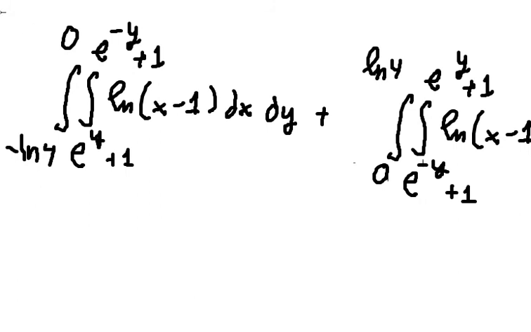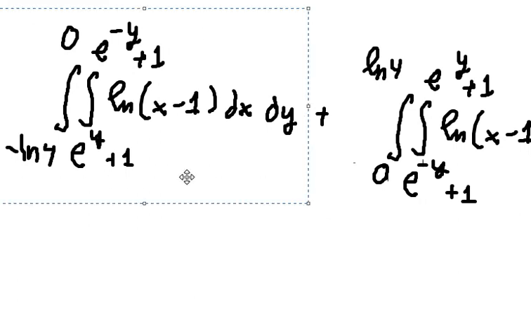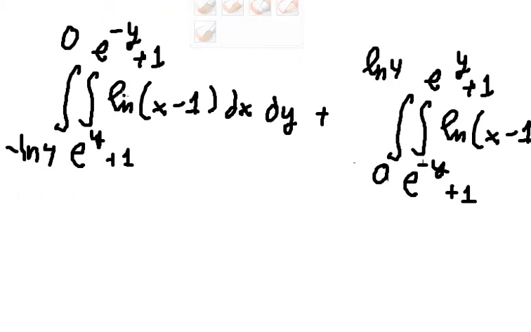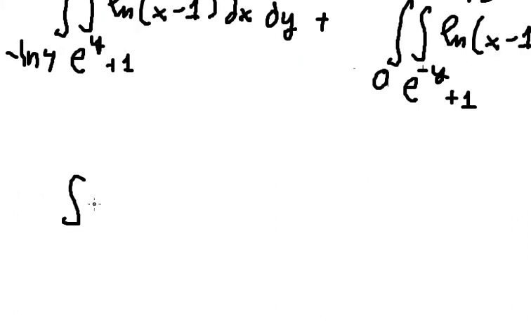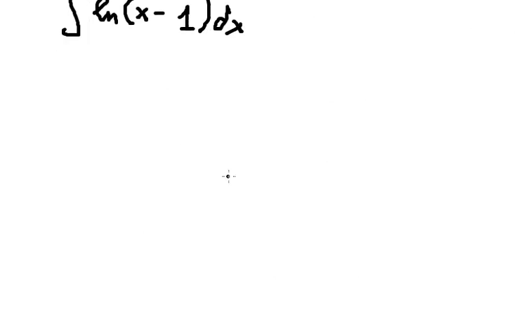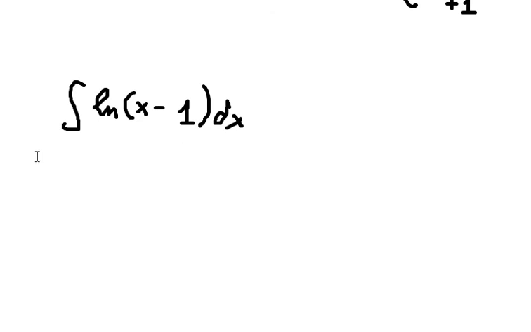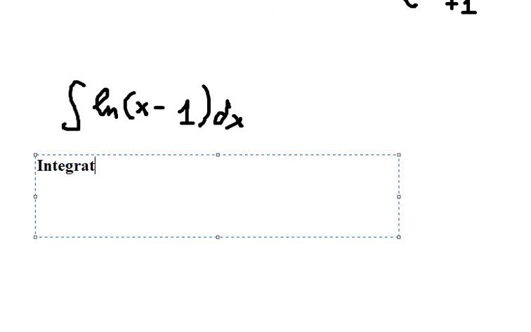Now I will go to this one first. Before we calculate this integration, we need to find this integration in here. So for this one, we can use integration by parts.